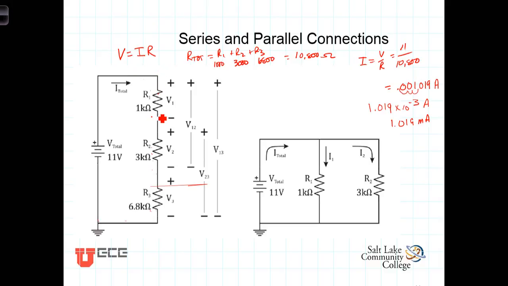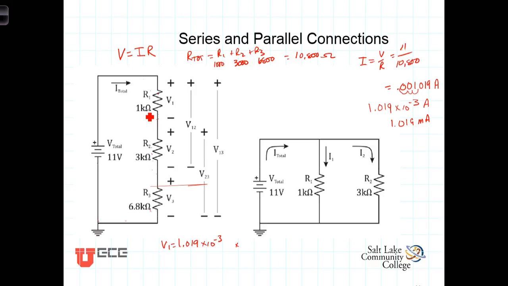We can calculate the voltage across each of these resistors then by again using Ohm's law. We now know the current going through the resistor. We can calculate the voltage across this resistor. It's called V1. V1 then is going to equal this 1.019 times 10 to the minus third amps times 1 kilo ohm. Now kilo is 1,000, or like a kilometer, it's times 10 to the third.